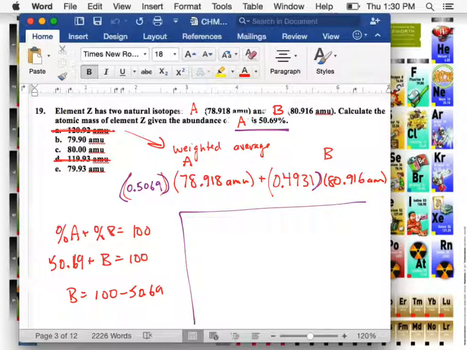So if I just take the average of the 2, and this is why this question is actually a bad question, I think. A plus B divided by 2. You're disgusting.